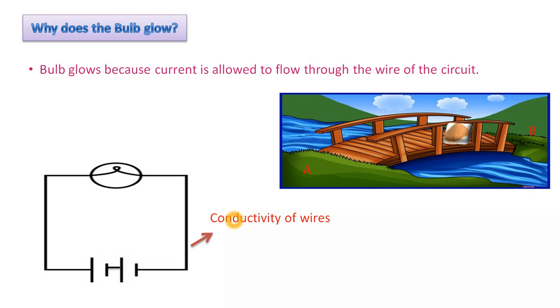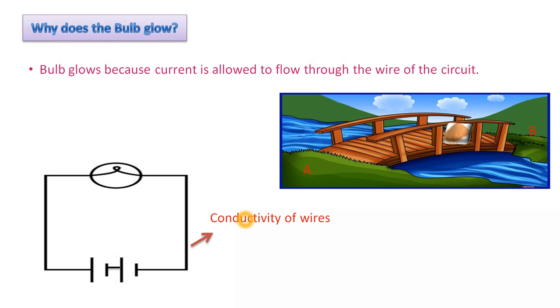Some materials are good conductors of electricity, some materials are poor conductors of electricity. So, depending upon whether the wires of which the circuit is made allow current to pass through or not, the result depends on whether the bulb will glow or not. So the conductivity of the material is important.